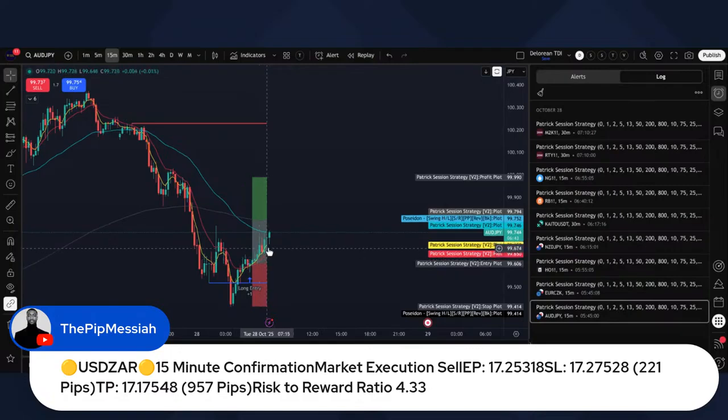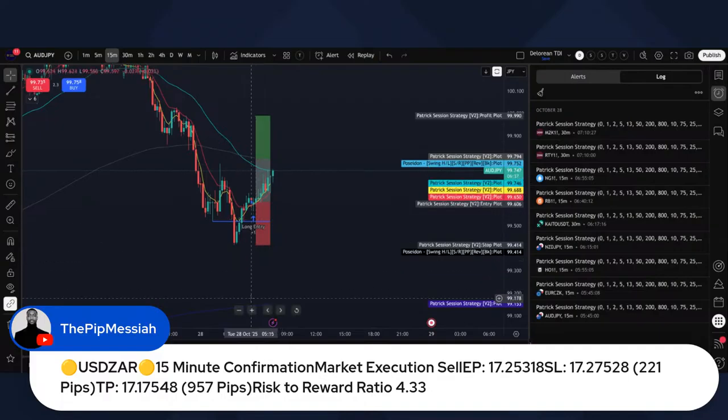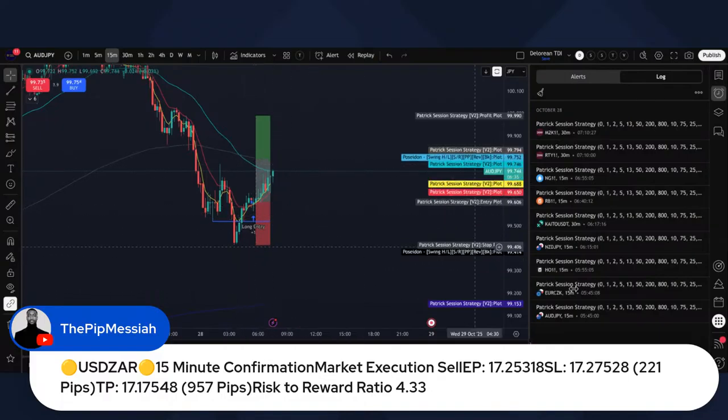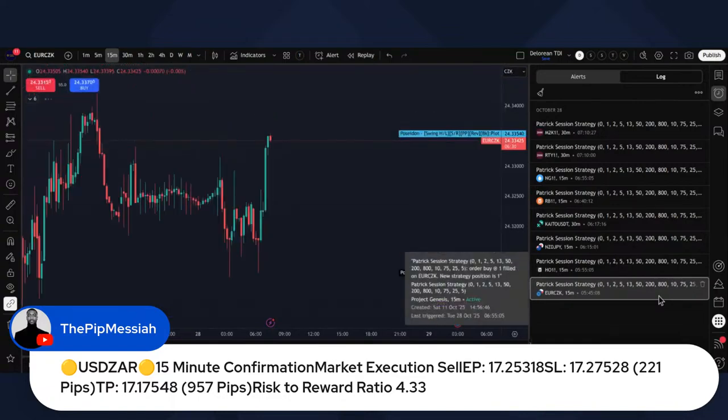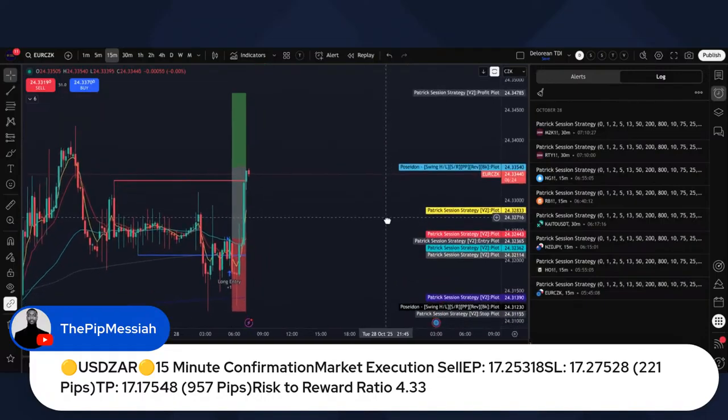And we have Australian dollar versus Japanese yen. Wrong configuration for us. That's gray, aqua, blue, and it's already taken off. So we're not entering that. The euro versus the Czech dollar. Already almost a 50% to take profit. Not entering that trade either.